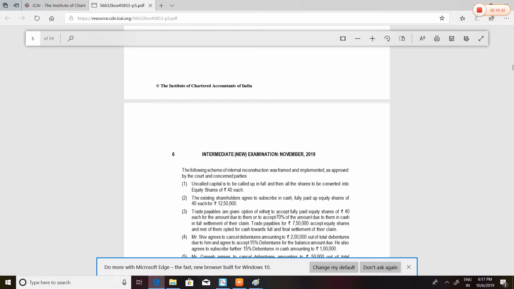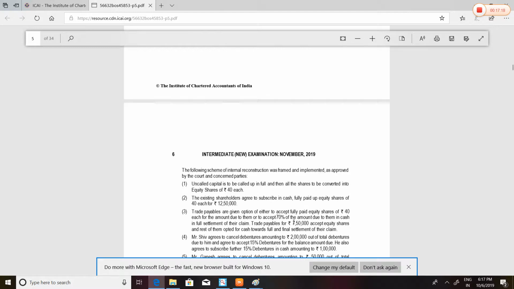Trade payables are given the option to accept fully paid equity shares of rupees 40 each for the amount due to them, or to accept 70% of the amount due to them in cash in full settlement of the claim. They were given the option to either convert their amount to equity shares or to cash, out of which only 70% will be refunded.